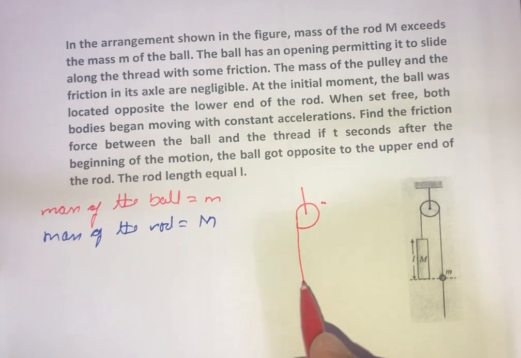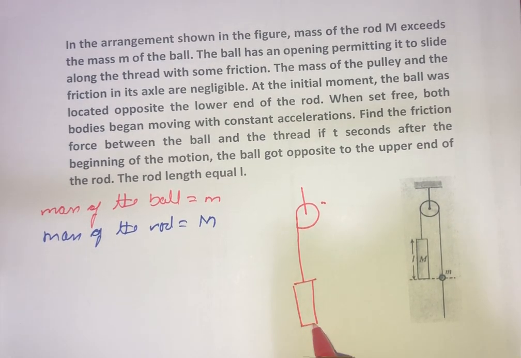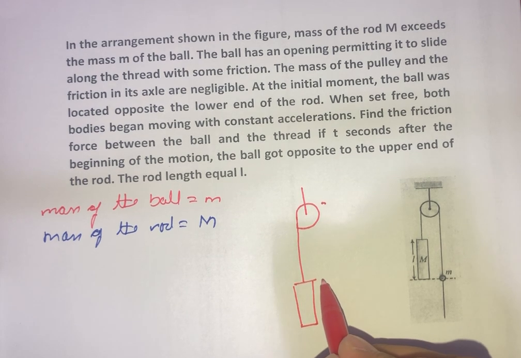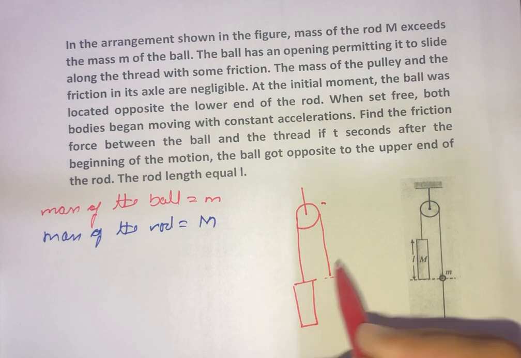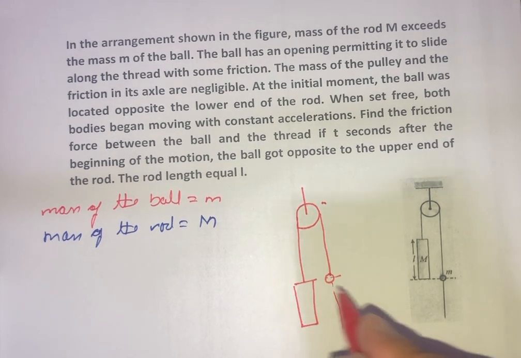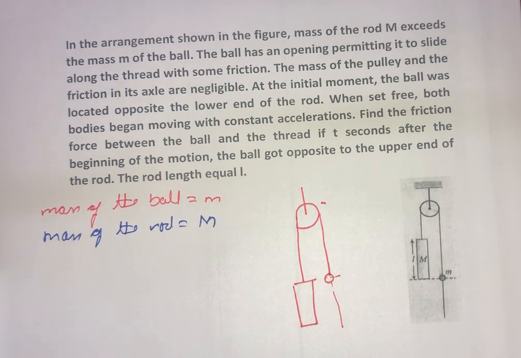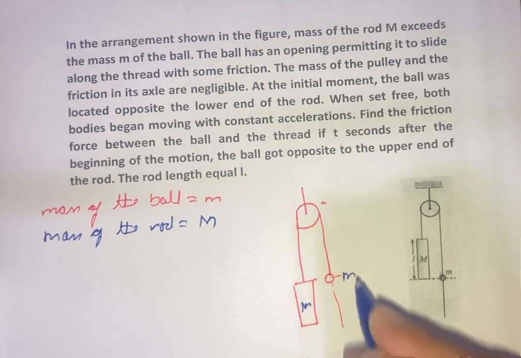This is the pulley and this is the rod, and in the final condition this mass is at the upper end of this rod. So this is capital M and this is small m.